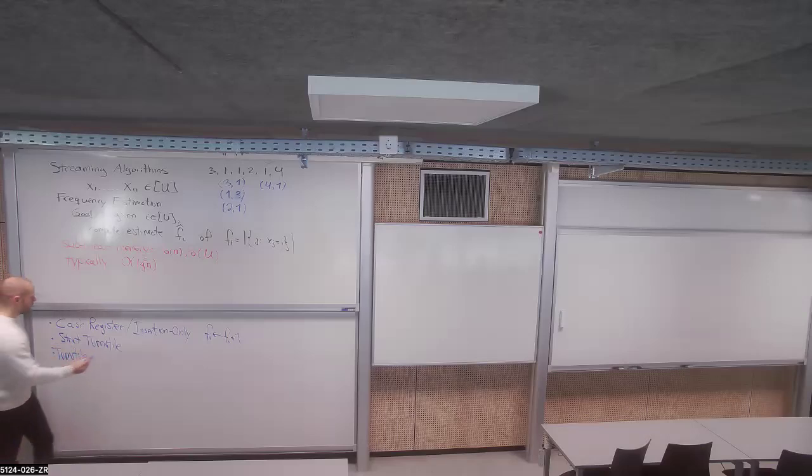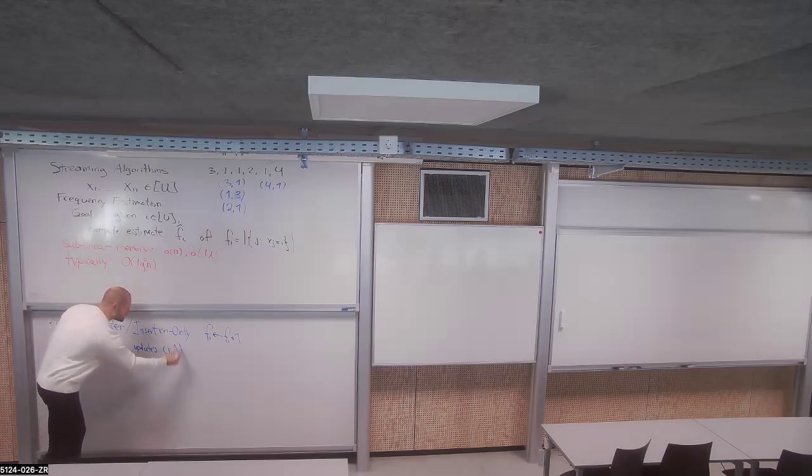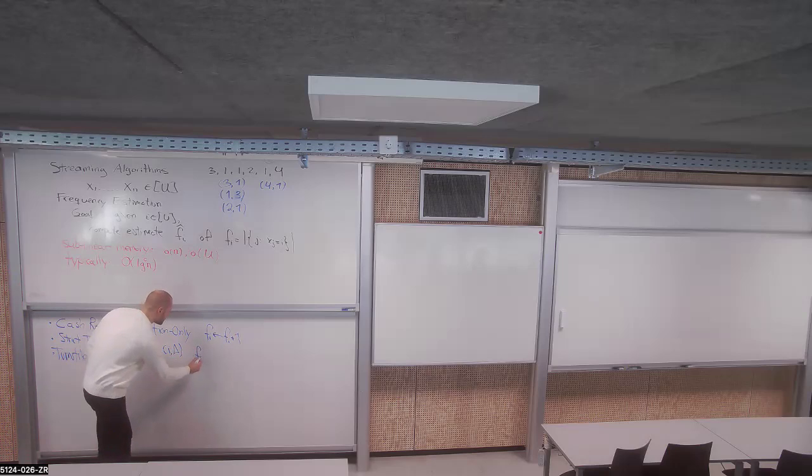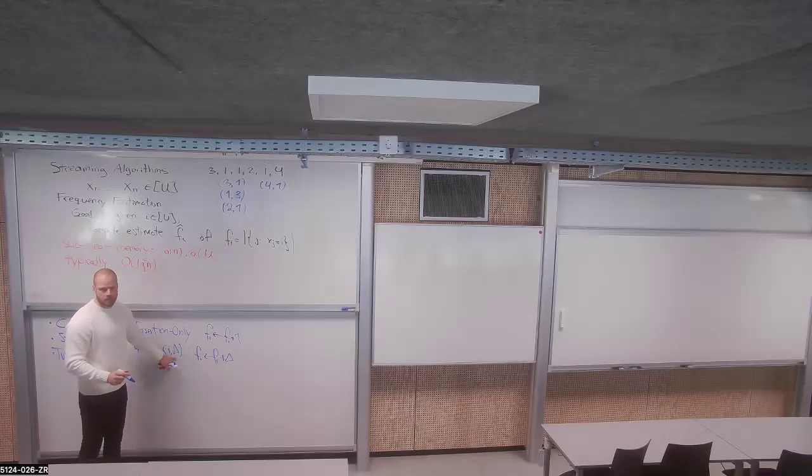In this one here, an update is both an item. So updates are pairs i and a value delta, and then the frequency of i becomes the frequency of i plus delta. You can give a value that you want to change the frequency by whenever I see something. Here we typically also allow delta to be negative. We can also subtract from a value.